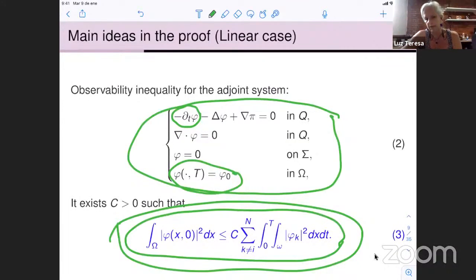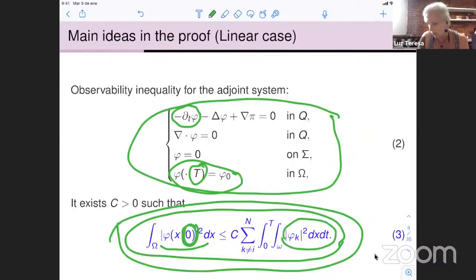So what Coron and Guerrero did is to prove this observability inequality. So at time equal to 0, so here we start from T, we observe the norm of each component in our little set omega, but here we don't include one of the components.